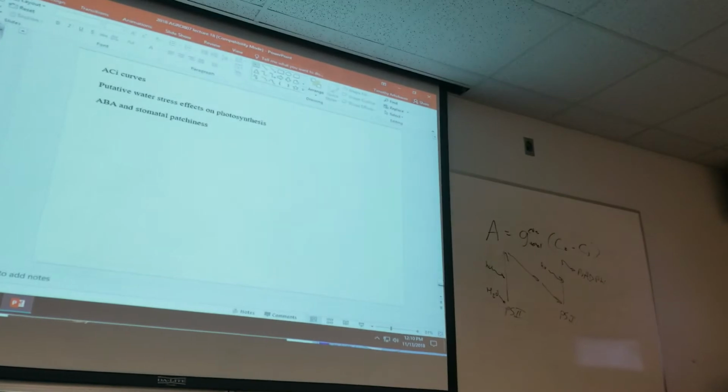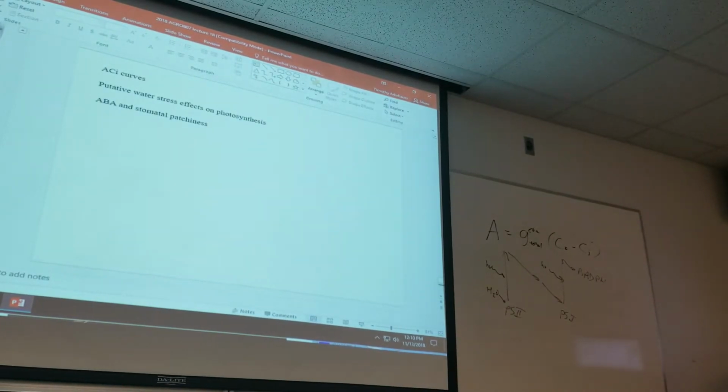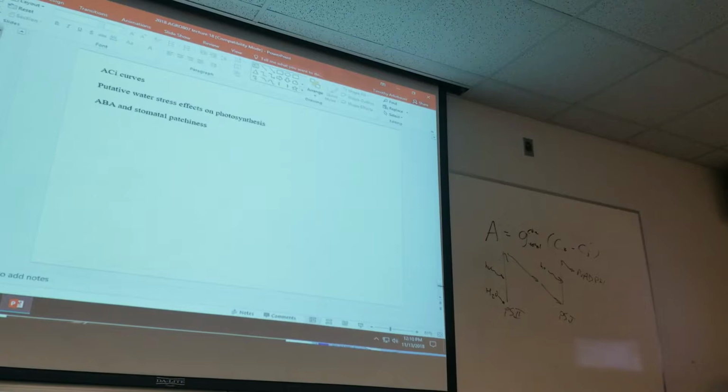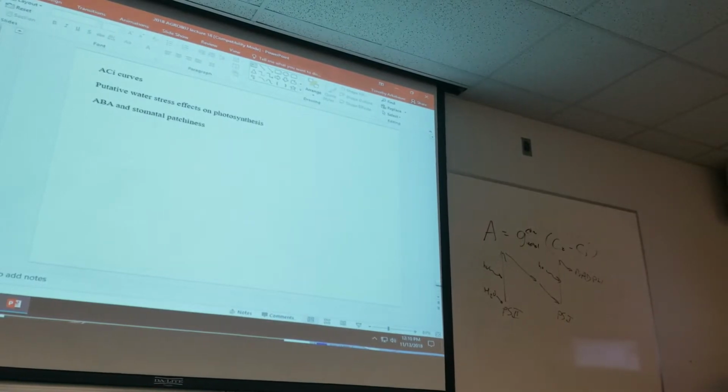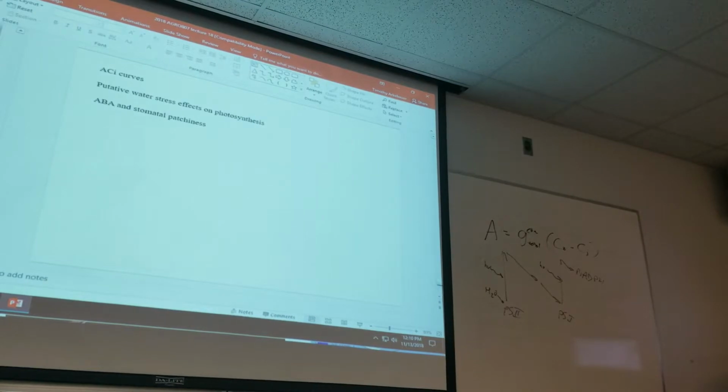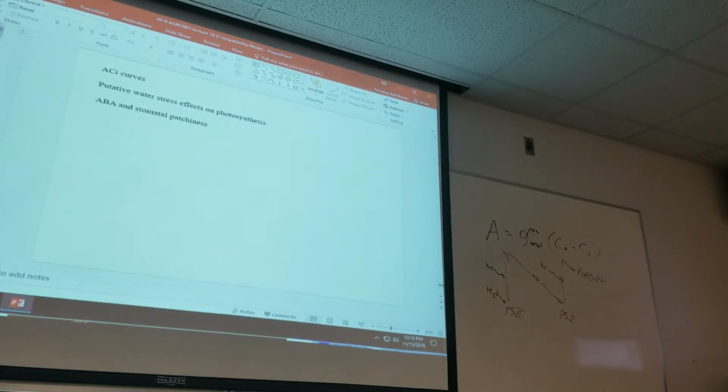This Ci is determined by assuming homogeneity in stomatal conductance, at least over the patch of leaf in your cuvette. And with water stress, since ABA mediates that water stress response, if it closes the stomata in patches, you can calculate the wrong Ci and come up with what you think is an effect on an A/Ci curve.